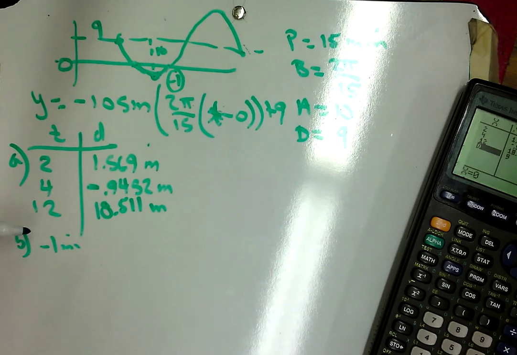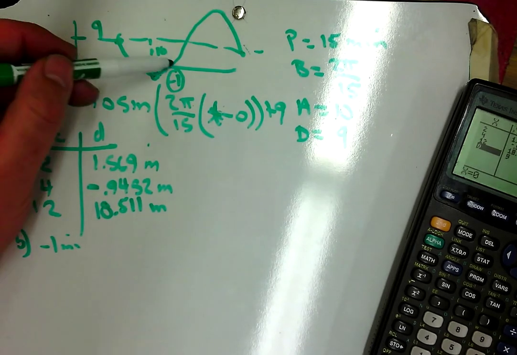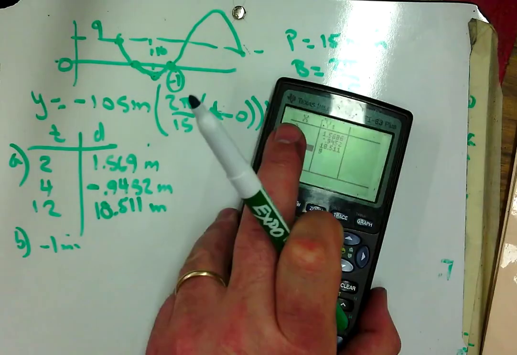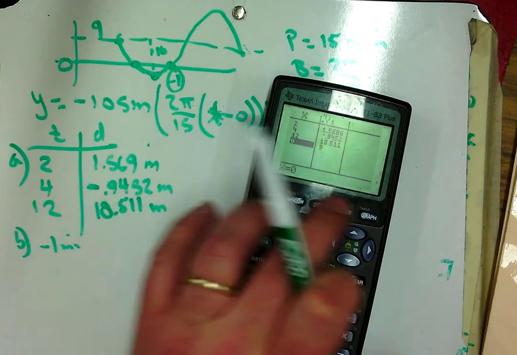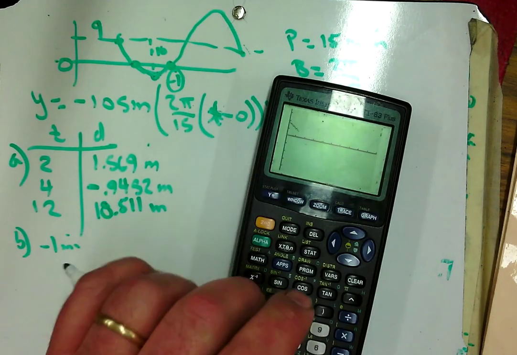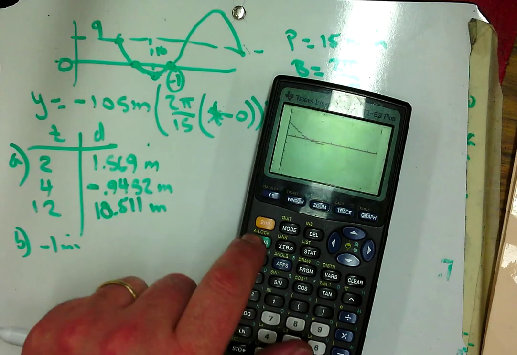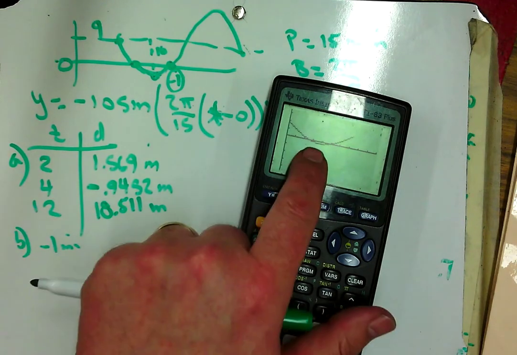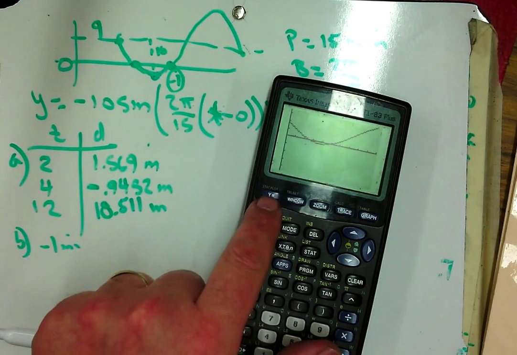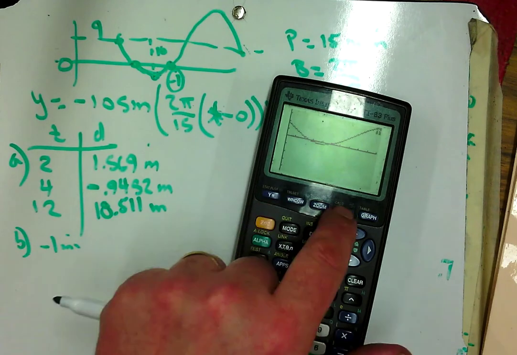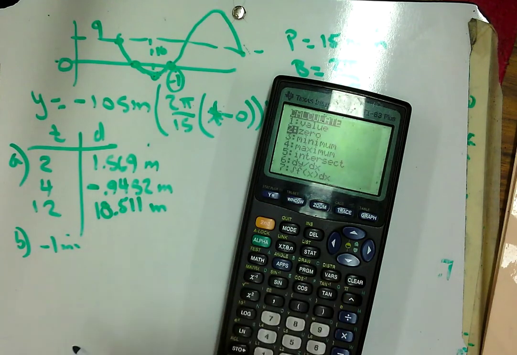Between what 2 times is there no water, from here to here? That's easiest if I go to my graph. Do I want to change the viewing window? Yes, I want to change the viewing window. Well, I can actually catch it here. So I can calculate 0.